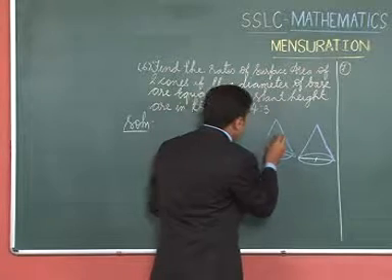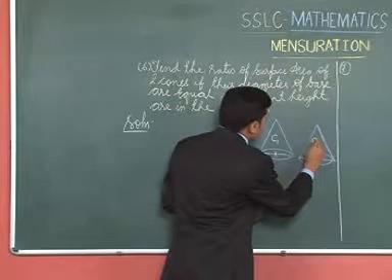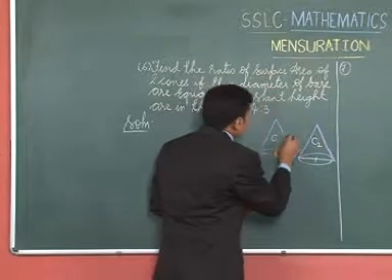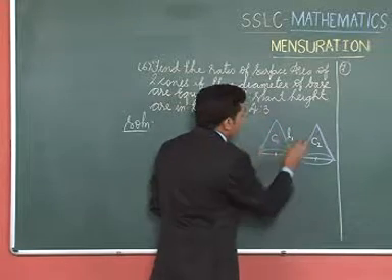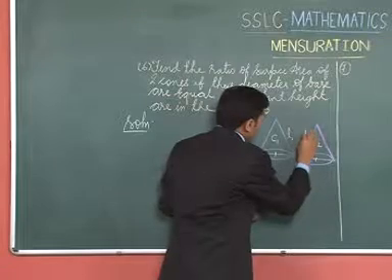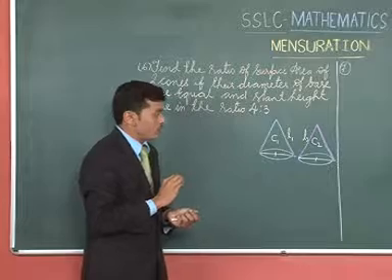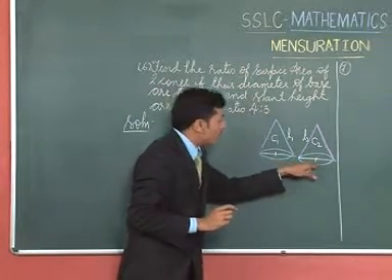Let us name this cone as C1 and this cone as C2 for convenience. And let us name this slant height as L1 and this slant height as L2. So, as per the question, there are two cones whose diameter are equal.